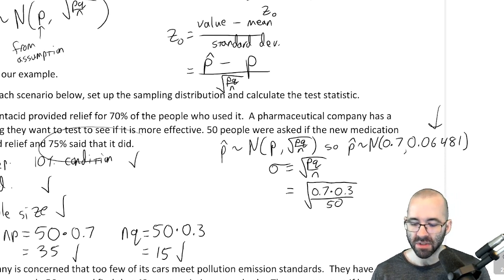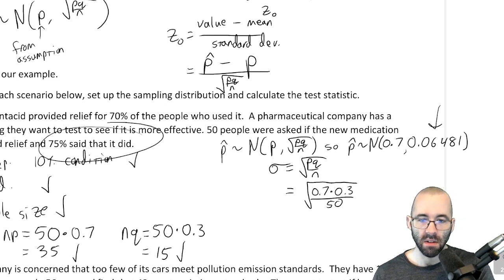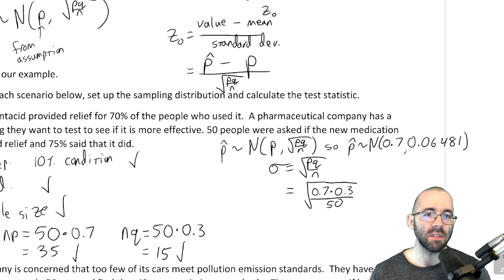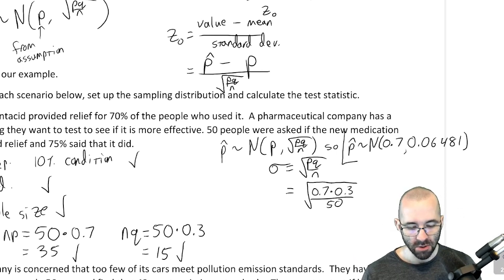So this 75% would be very typical even if the new one was no different than the old medication. That's jumping ahead of ourselves a little bit, but this is our sampling distribution.